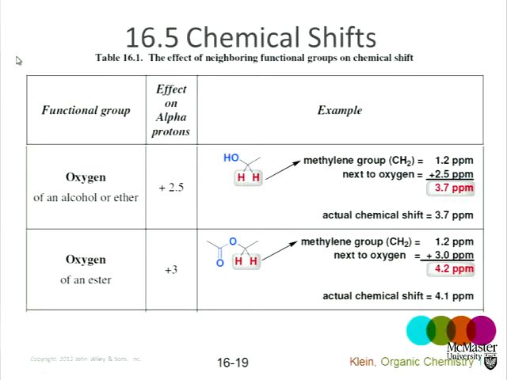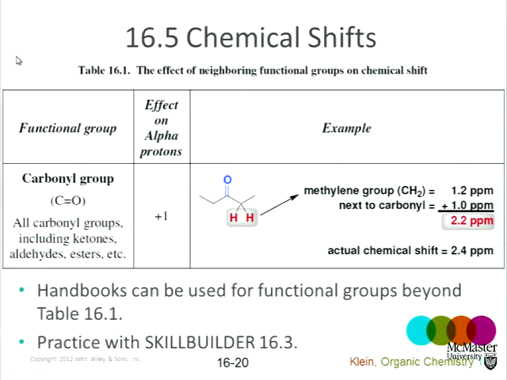So you see that the chemical shift is telling us about the environment of the hydrogens. It's telling us what functional groups are attached to the carbon where I'm looking at the hydrogen atoms. The chart goes on. It tells you what to do if you have two protons next to a carbonyl group.